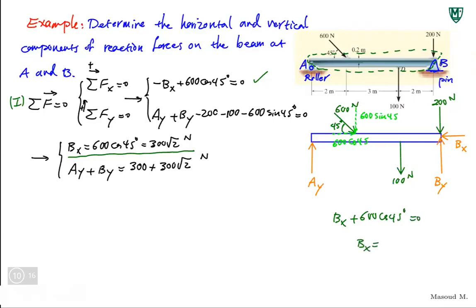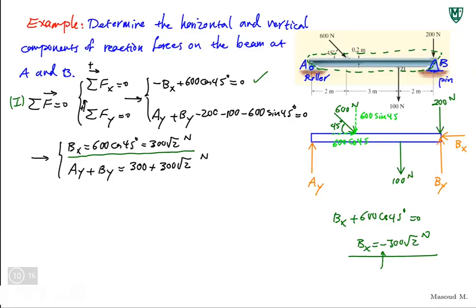And I would have gotten the value minus 300 square root of 2 newtons. This minus here is telling me that the direction I assumed for Bx is not correct, since I got a negative value.